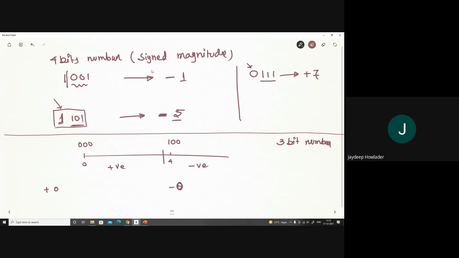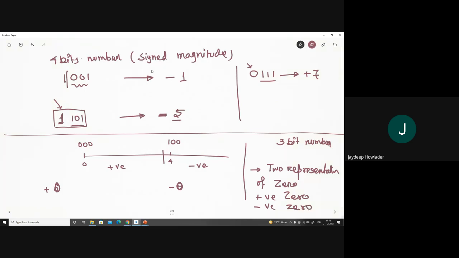So in the sign magnitude representation, the problem is that we basically have two representations of 0. One is called positive 0 and another is called negative 0.